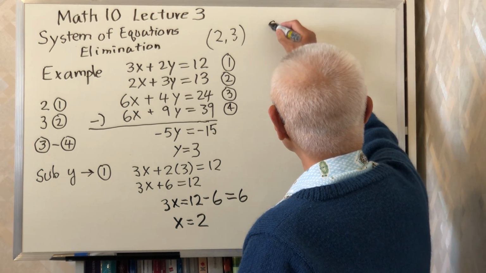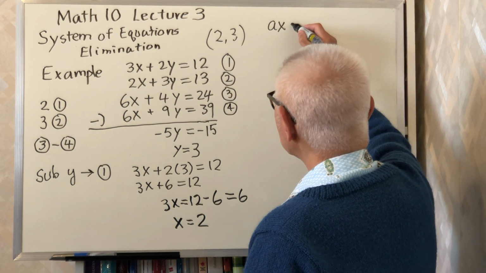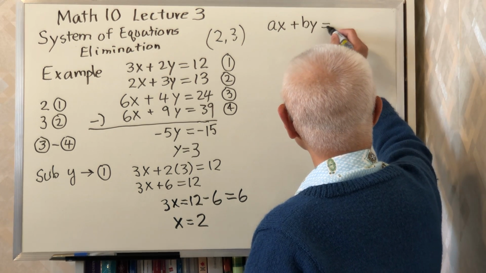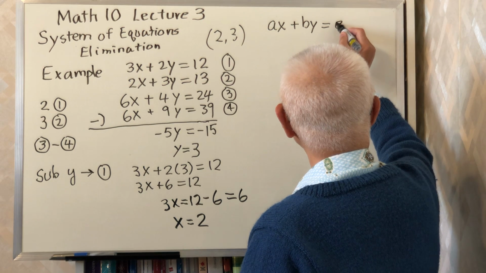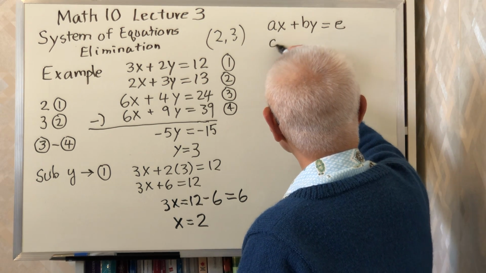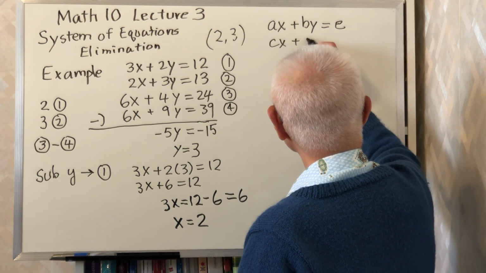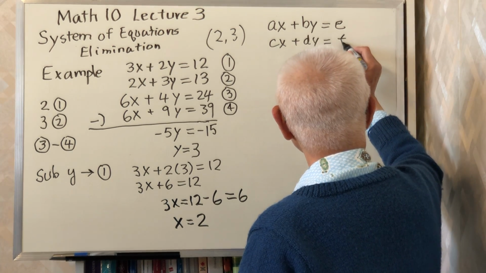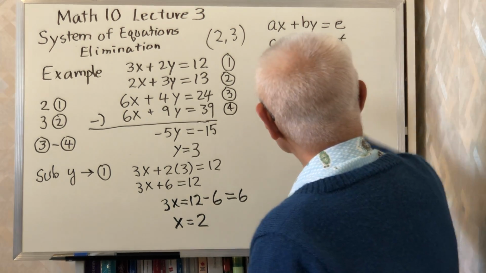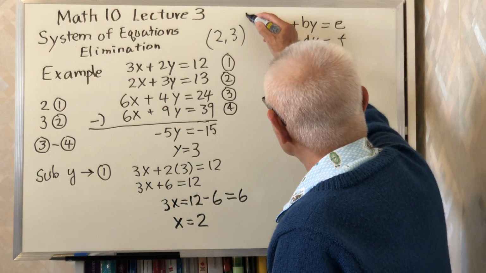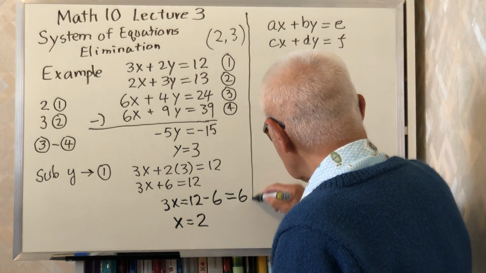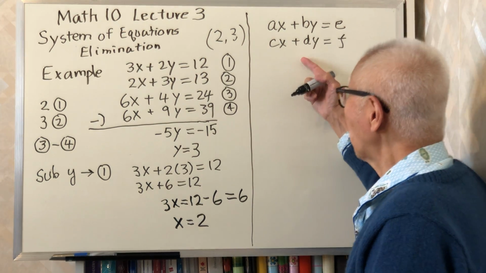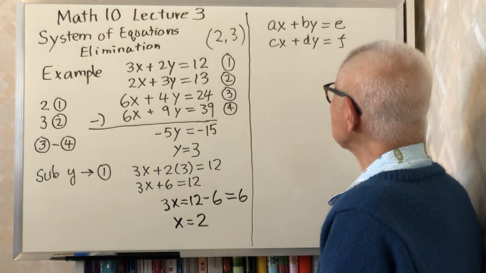I write ax plus by equals e, and cx plus dy equals f. So this is more general than this, right?